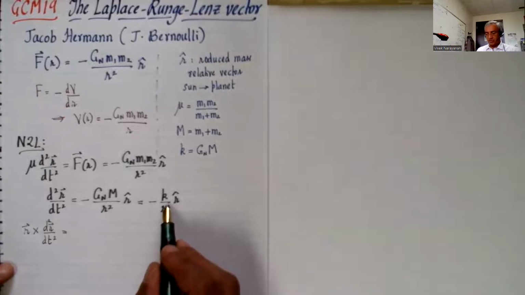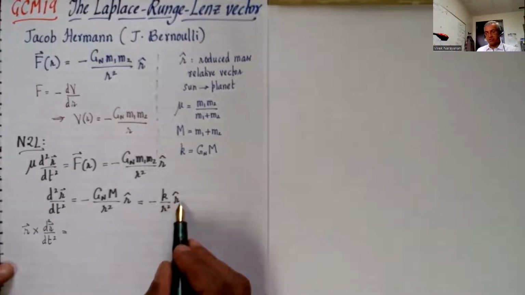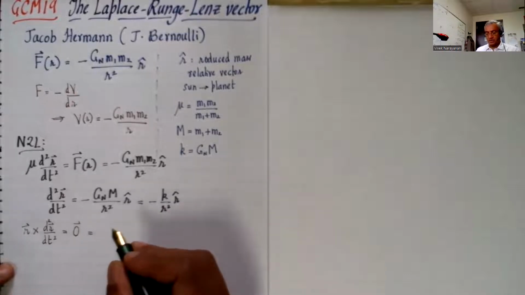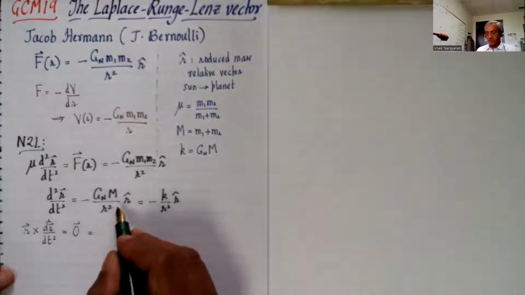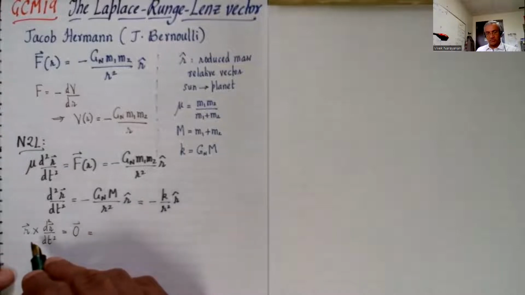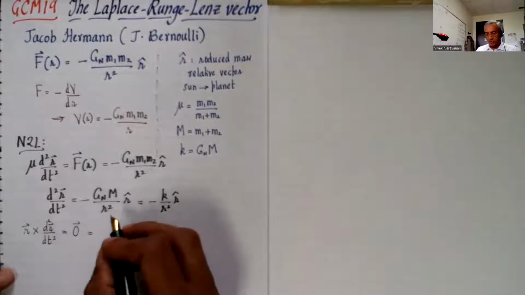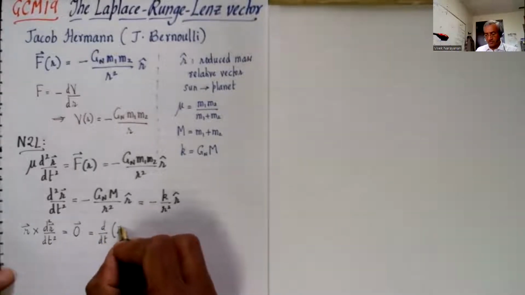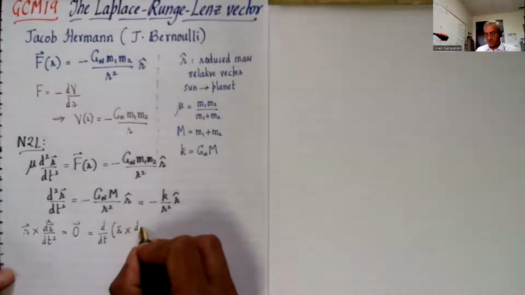Well, because r cross r hat is 0, this is going to be 0. But this quantity to the left is also equal to d by dt of r cross dr by dt.